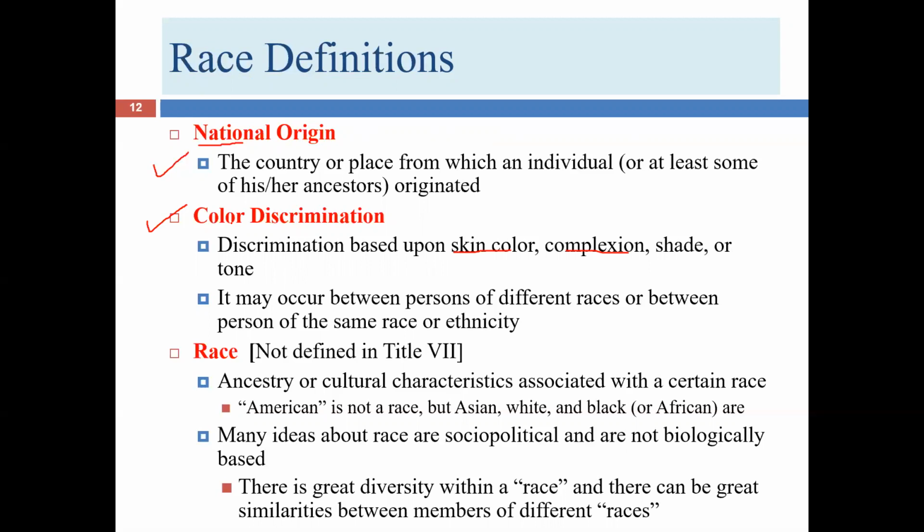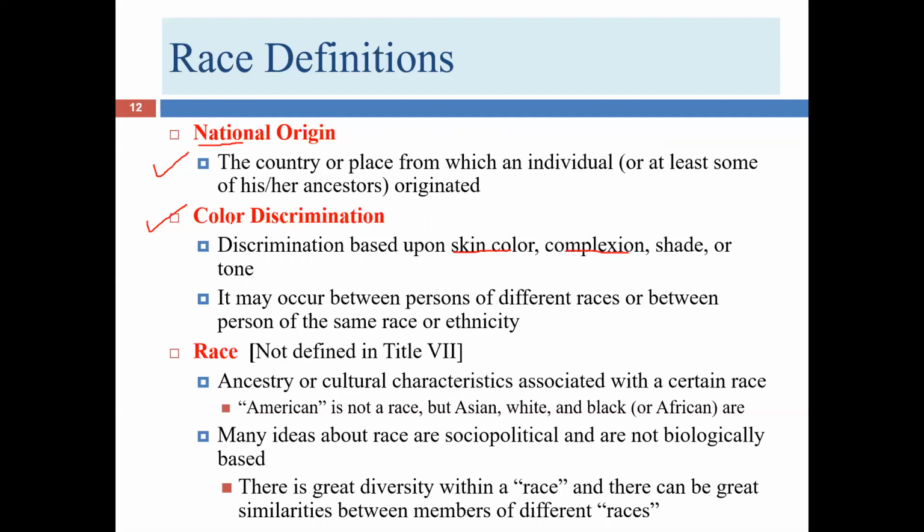And that seems unlikely. It could happen, but it seems unlikely. But it's more likely, perhaps, that there could be color discrimination. Perhaps the African American manager has a lighter skin tone and prefers African Americans who have lighter skin tones. And so if there was an employee who had a darker skin tone, that supervisor might discriminate against him or her. Or it could be the other way.